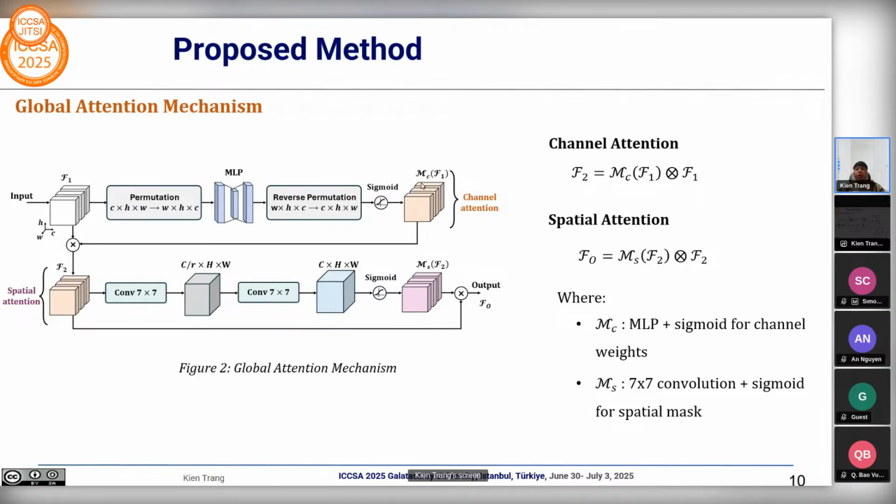The spatial attention refines the focus using convolutional filters and allows the model to highlight the spatially relevant features here.